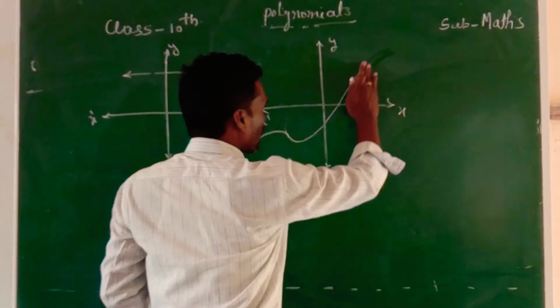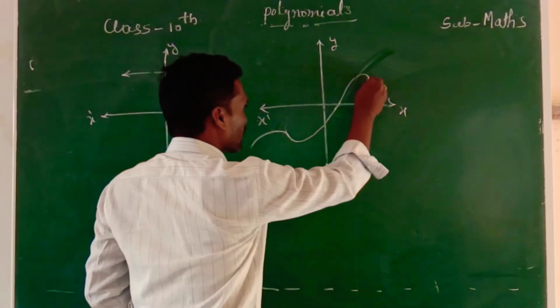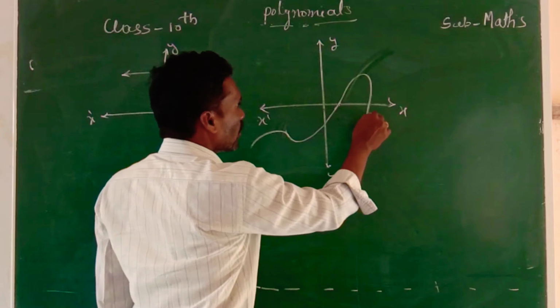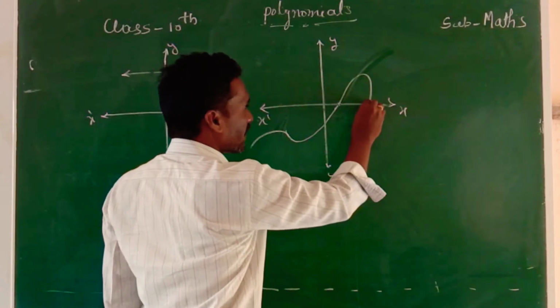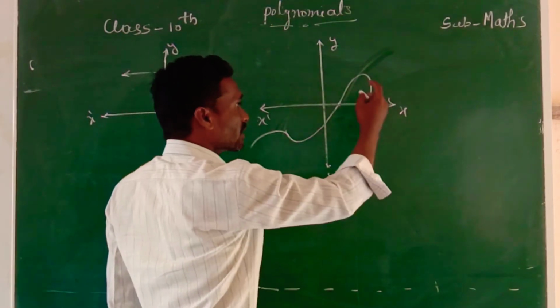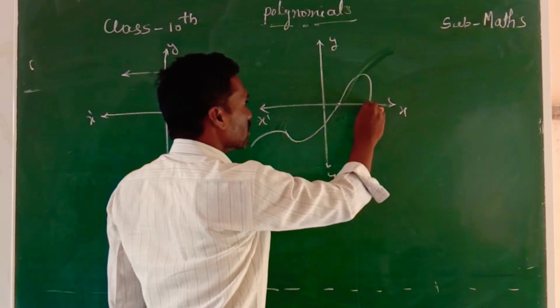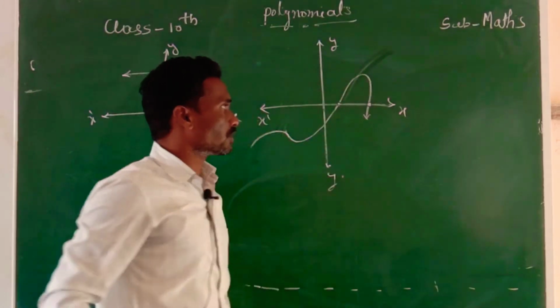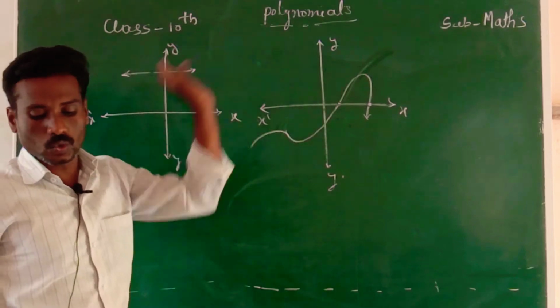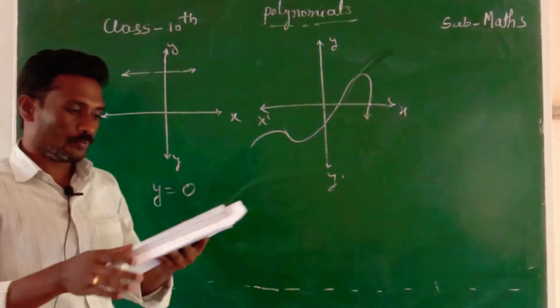Suppose if it is moving like this, how many times is it intersecting? Two times it is crossing the x-axis. So the number of zeros of this diagram is 2.